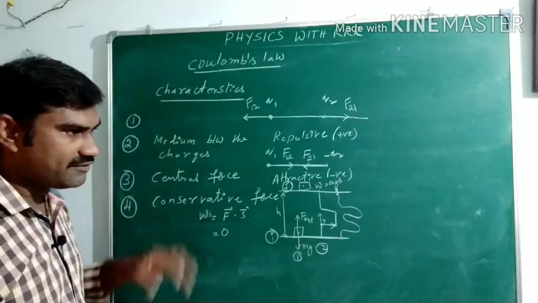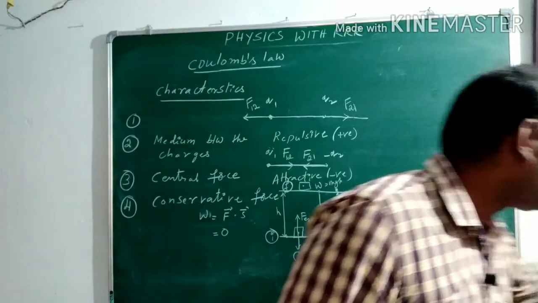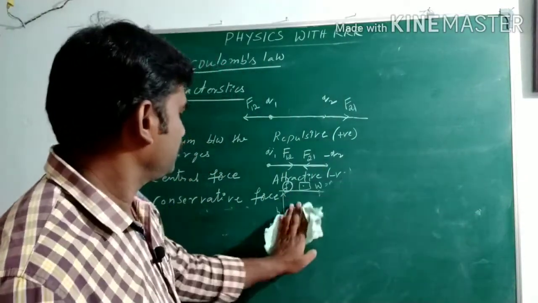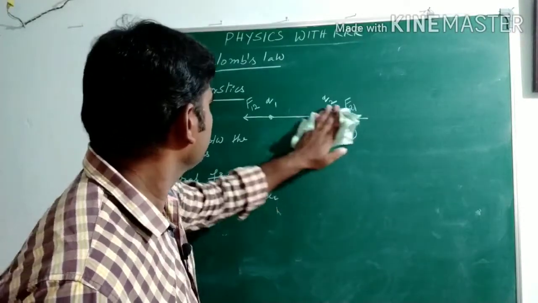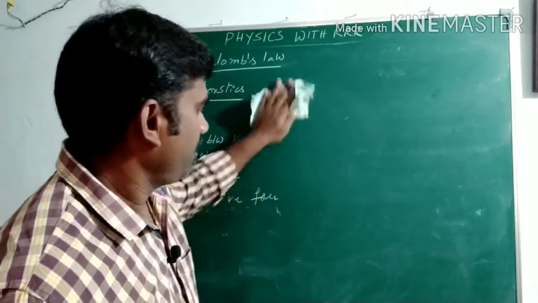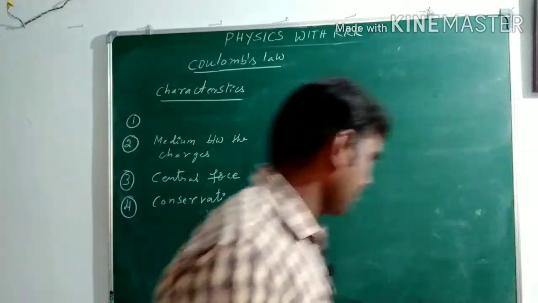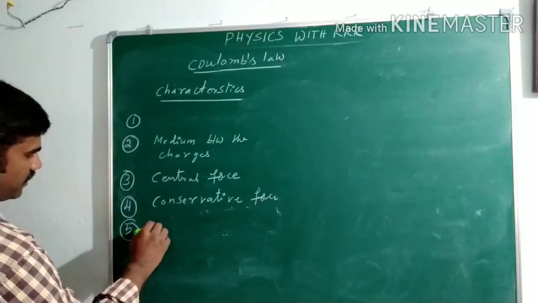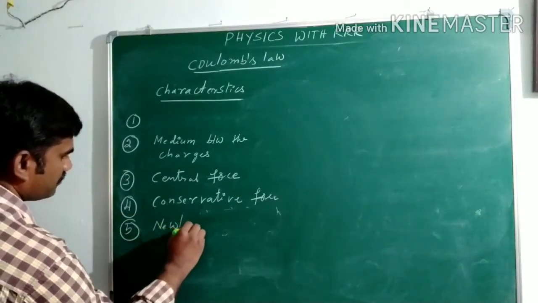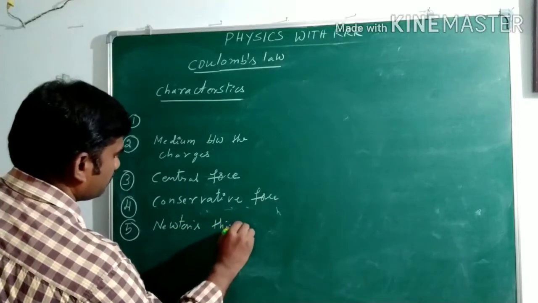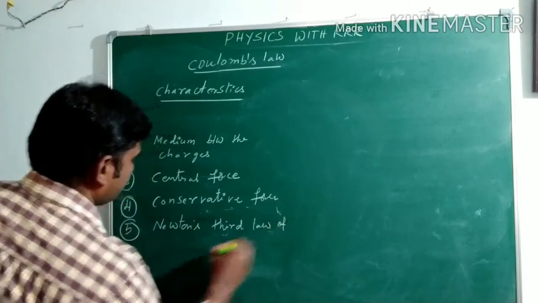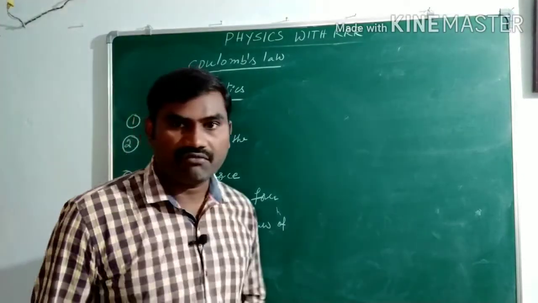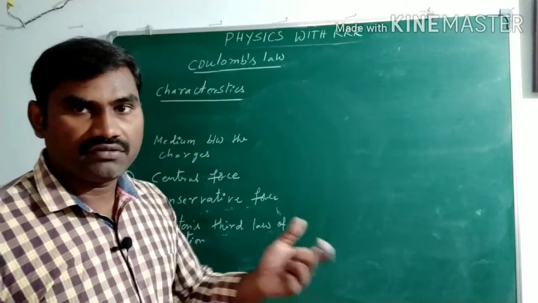So electrostatic force is a conservative force. It also obeys Newton's third law of motion. This point we can clarify while discussing the vector form of Coulomb's law.